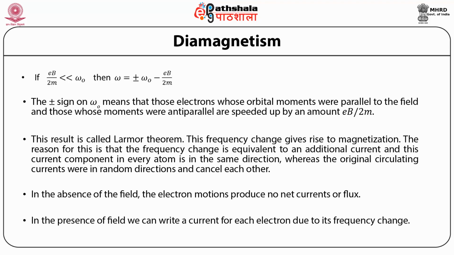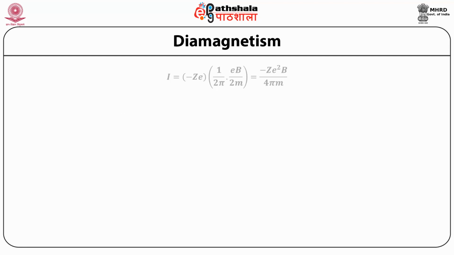In the presence of field, we can write a current for each electron due to its frequency change. So this additional current is given by I equal to minus Ze times 1 by 2 pi times eB by 2m, which is equal to minus Ze square B over 4 pi m.